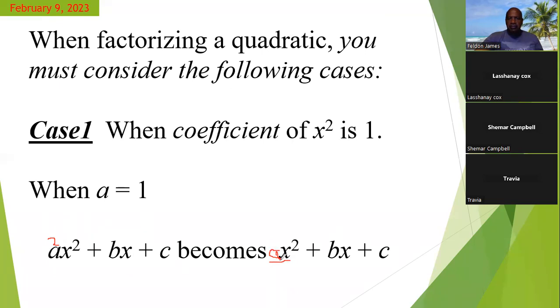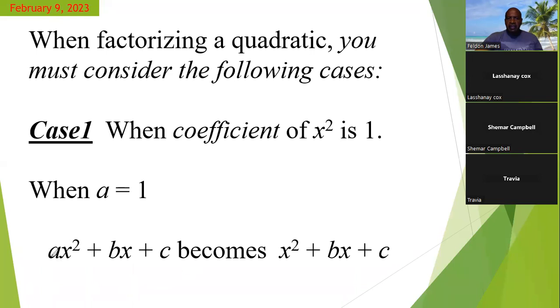You're only going to see the bare x squared at the front. But we know that when it is like this, we take 1 to be the coefficient. And if you recall, when any letter or variable is by itself, we say that there's an invisible 1 in front of it that we use as the coefficient.